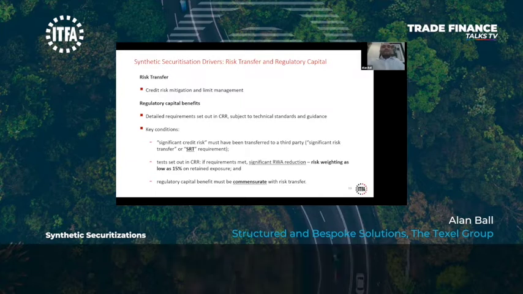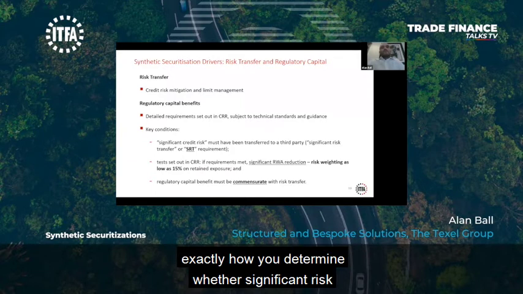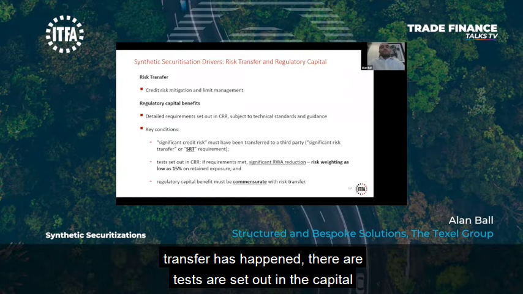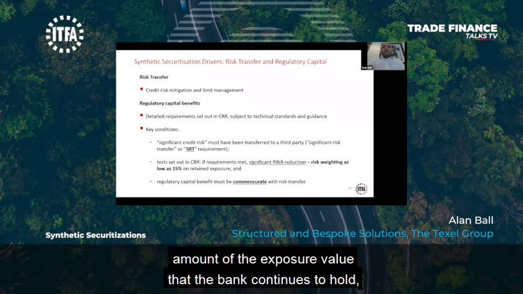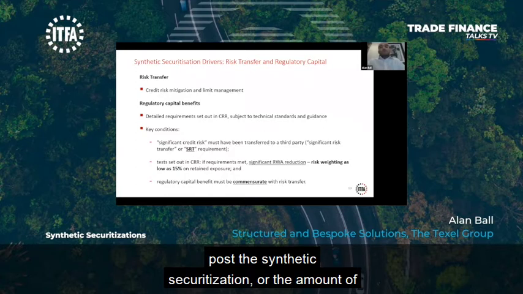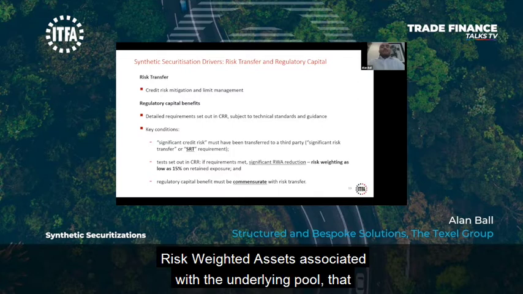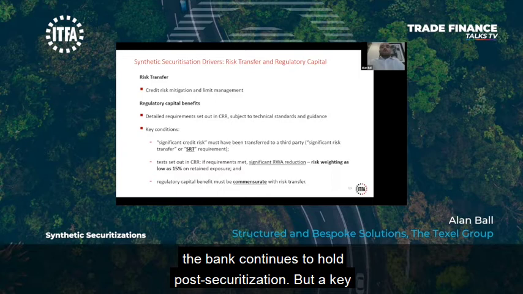Now, as to exactly how you determine whether significant risk transfer has happened, there are tests that are set out in the capital requirements regulation, and they're broadly based on the amount of the exposure value that the bank continues to hold post the synthetic securitization, or the amount of risk-weighted assets associated with the underlying pool that the bank continues to hold post-securitization.